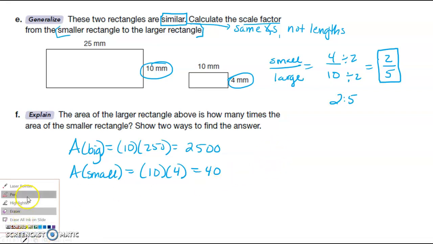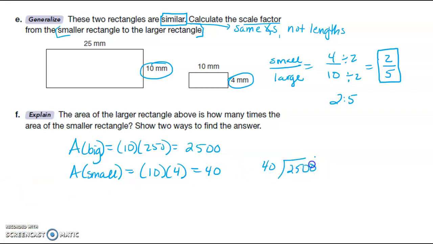I'm trying to figure out how many times bigger. So how many times does 40 go into 2,500? 2,500 divided by 40 is 62.5 times bigger. I'm not sure what the second way is to find that, but that's a good way to find it.